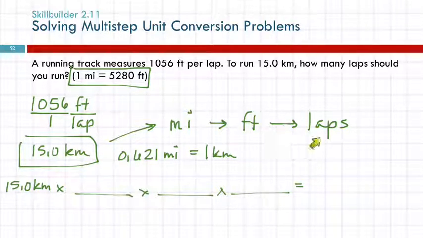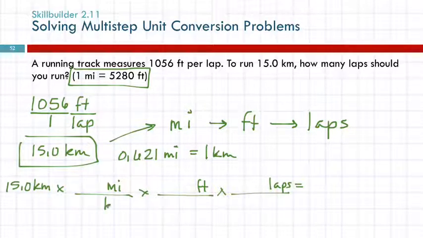Kilometers to miles to feet to laps. That's not so hard, right? This is the hard part, finding the path. When you're good at this, you might not have to write the path down anymore. If you're struggling with this and you ask me for help, I want to see what you've at least tried. I want to see units with arrows between them, okay?